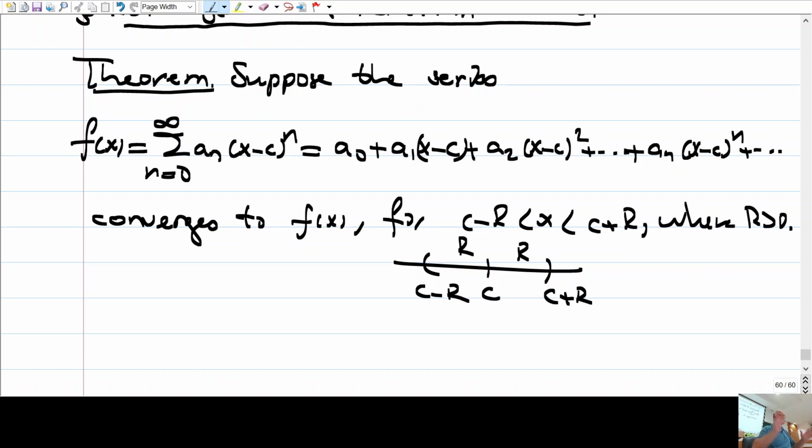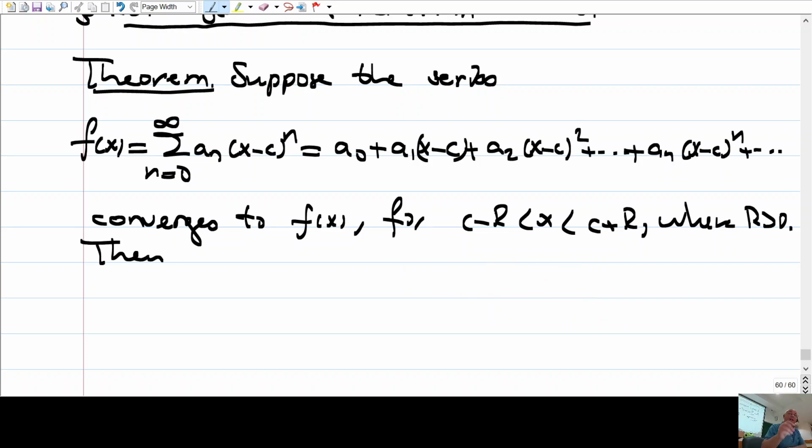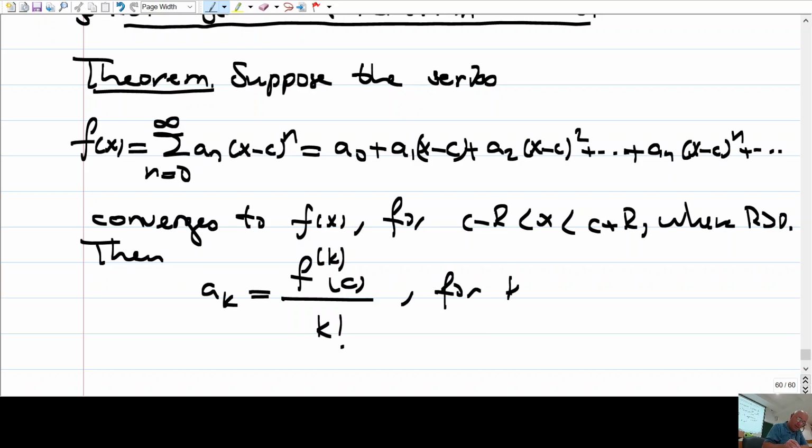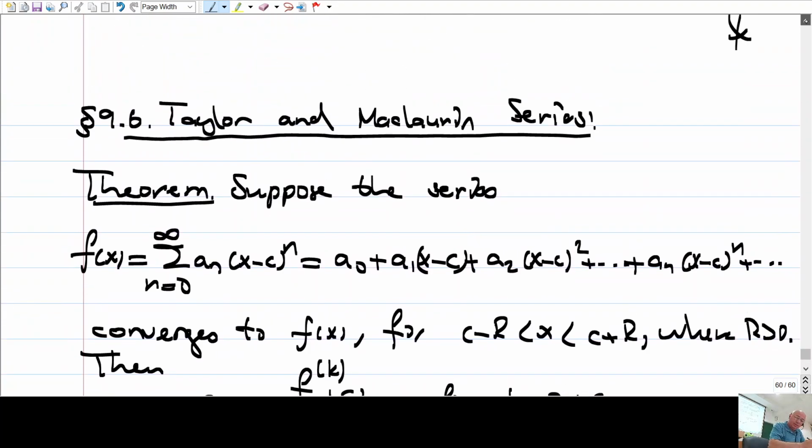Then the conclusion is this: I know that this function is differentiable, and ak, the k-th coefficient here, is nothing but the kth derivative of f evaluated at c divided by k factorial for k equals 0, 1, 2, and so on. So that's the theorem.